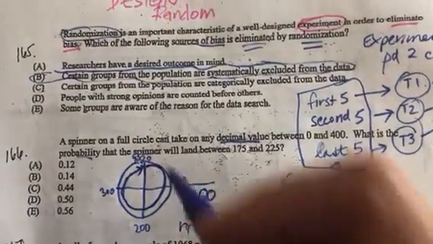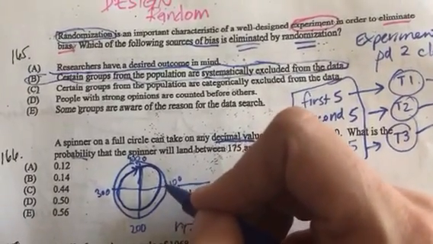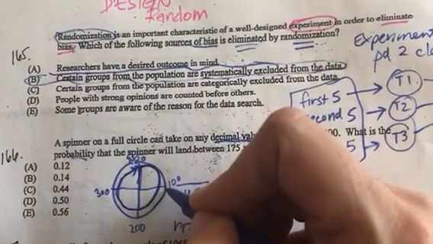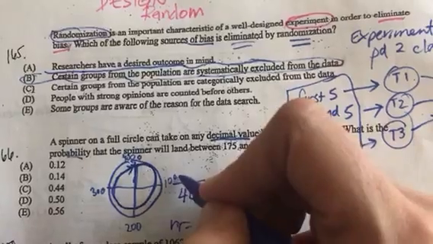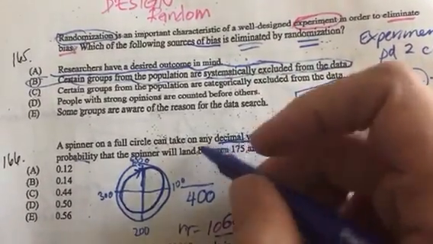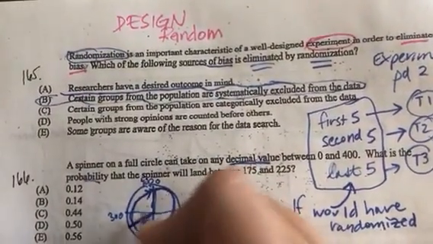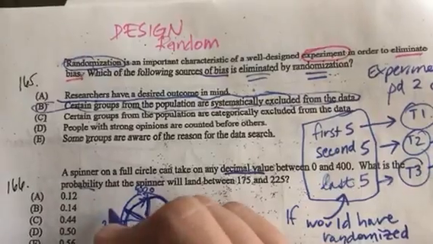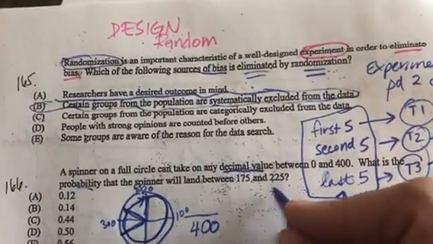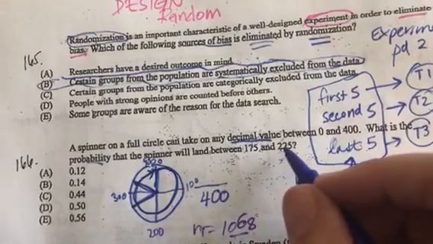And we can imagine that this needle on the spinner could somehow figure out if it landed just a little bit in front of 100, it would be 100.00001. We believe that this spinner can give me a decimal value. So now I'm trying to calculate the distance between 175 and 225.